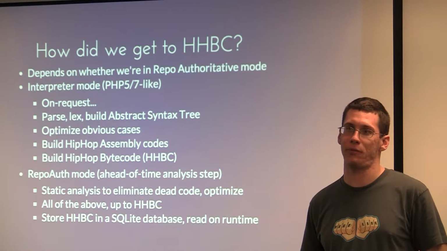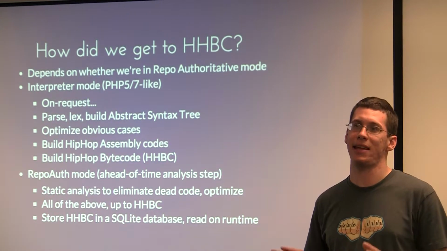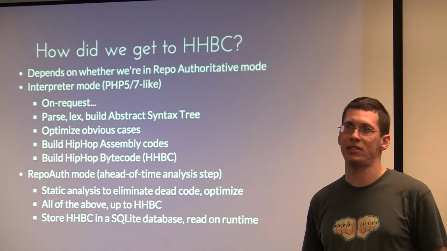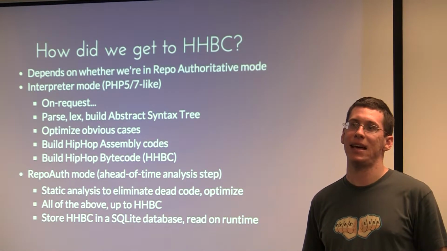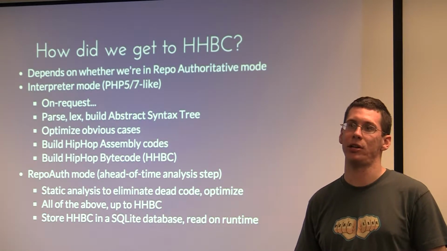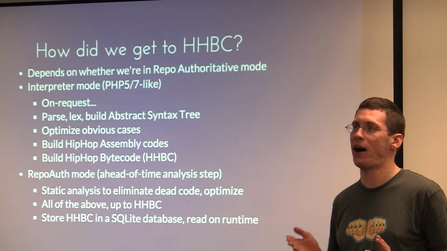Well, you put it in repo authoritative mode, it's just reading from that one file and nothing else exists to it. That means it goes very fast. You just have to keep in mind that that is more or less a production-only setting. You don't want to do that when you're doing active dev, because then you lose some of the benefits of writing in PHP, like, oh, I saved this file, I refreshed, and those changes are now live.